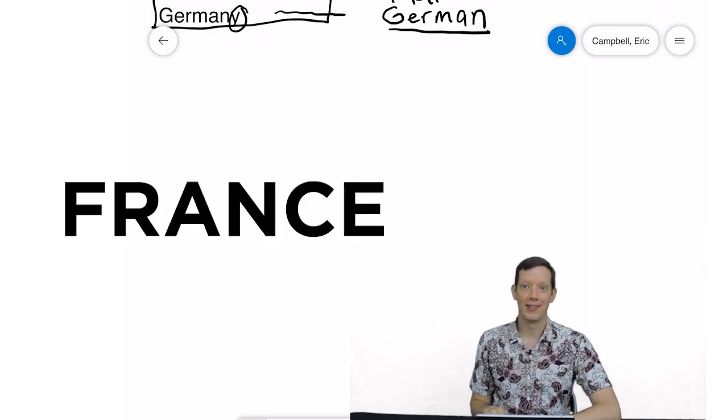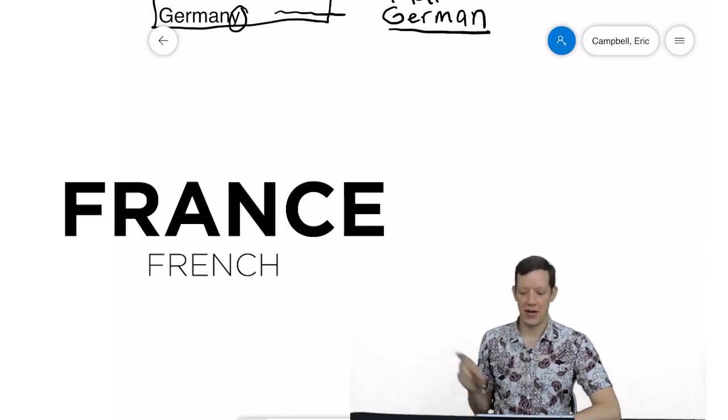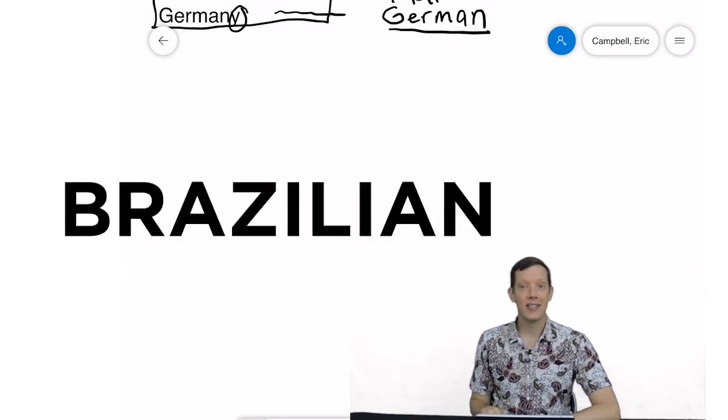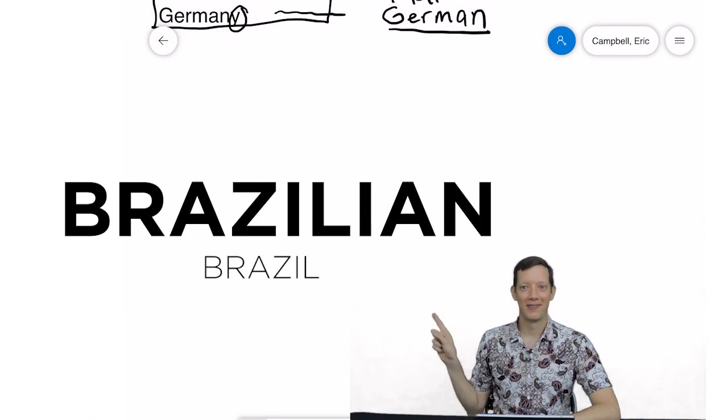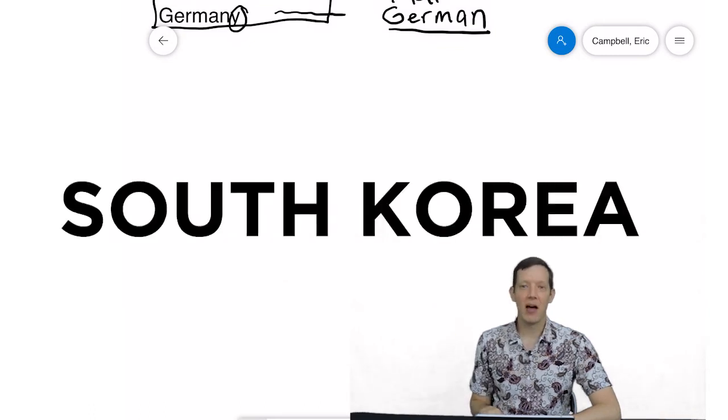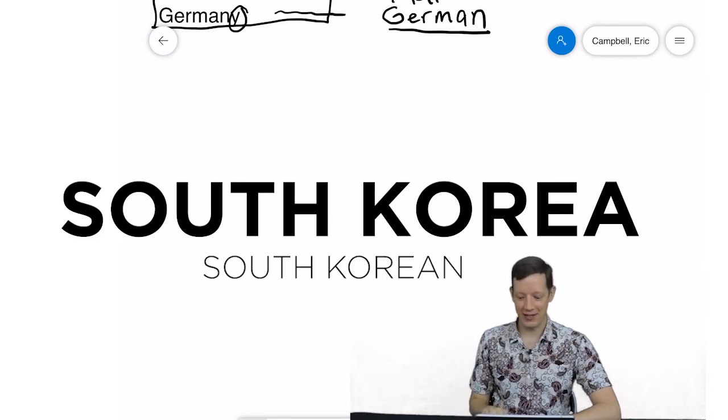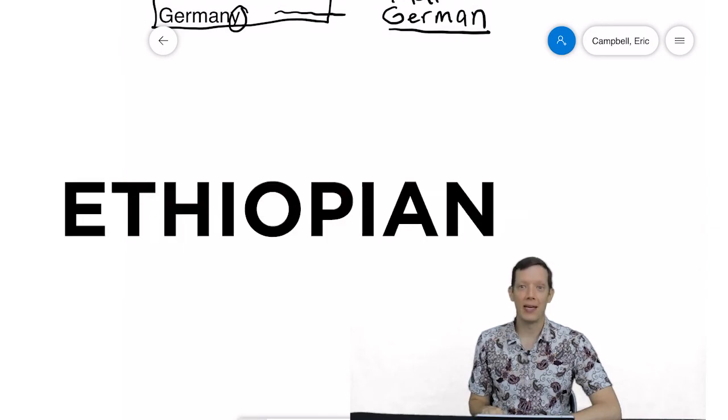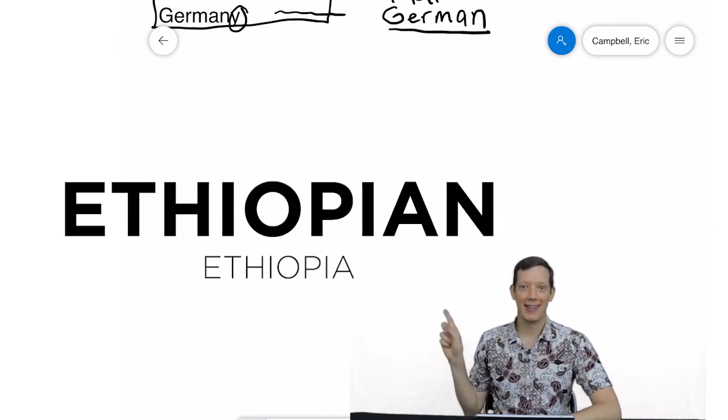France. Good, the people are French. Brazilian. From the country of Brazil. Good. South Korea. The nationality is South Korean. Good. Ethiopian. The people are from the country Ethiopia.